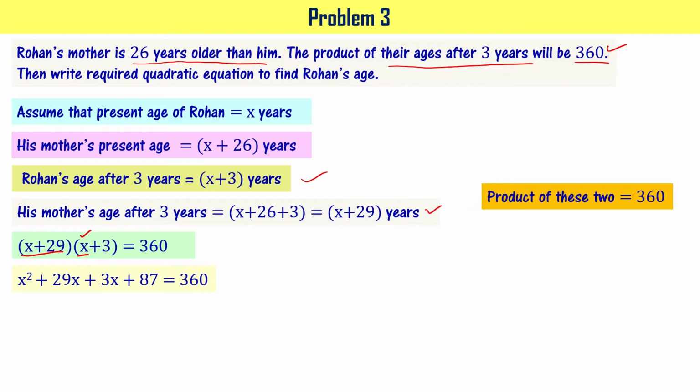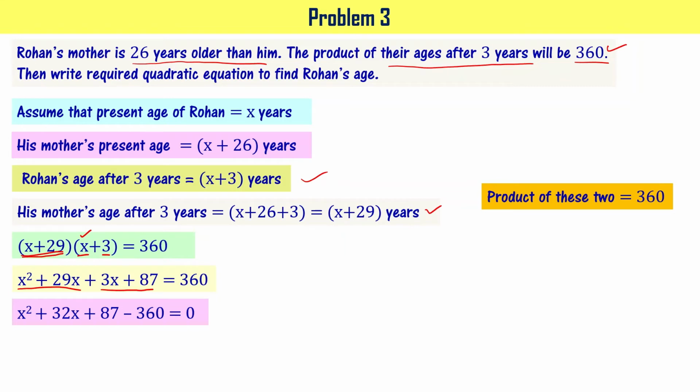That is written as x² + 29x. Now multiply x + 29 with +3 such that you get +3x + 87, right? That is equal to 360. Now further simplify this such that I can write it as x² + 32x + 87 = 360.